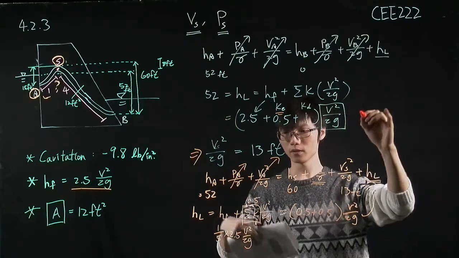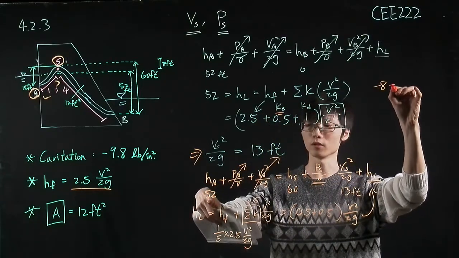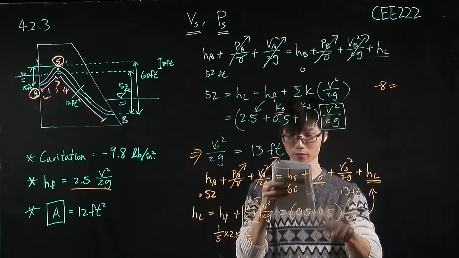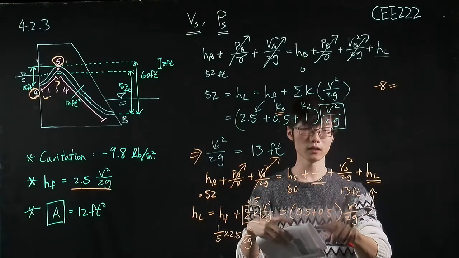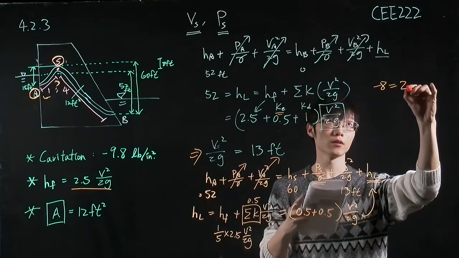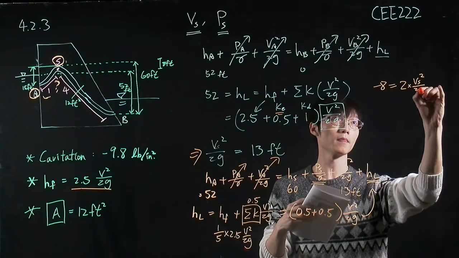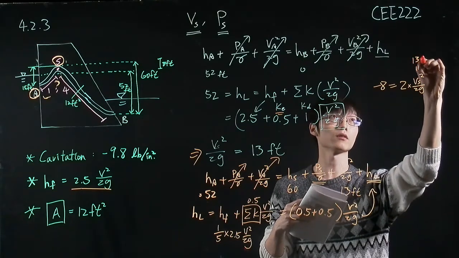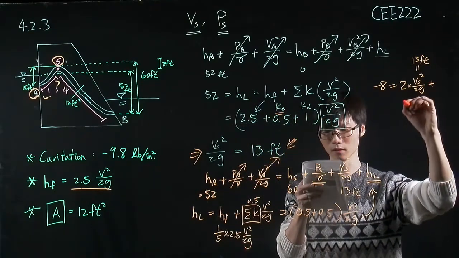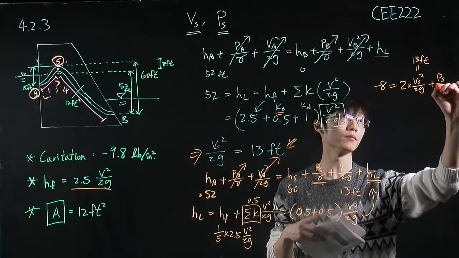Okay, so 52 minus 60, we have minus 8 will equal to 0.5 plus 0.5 is equal to 1, and we have another velocity term here, so it's actually 2 times the velocity term, and this term is equal to 13, which we have right down here. Okay, and we plus the unknown that we want to solve, the pressure term.